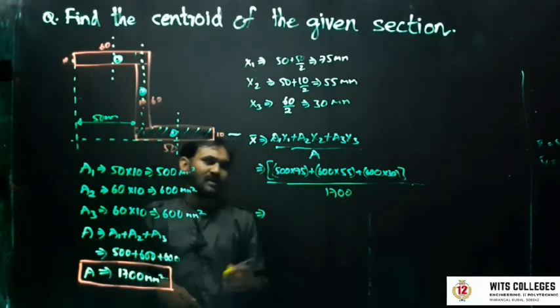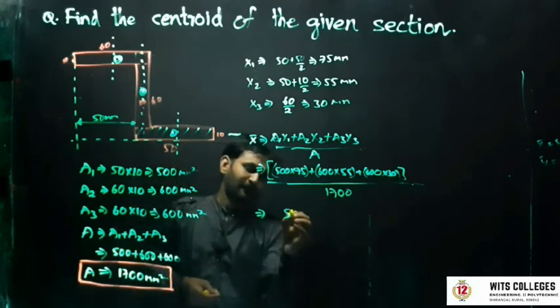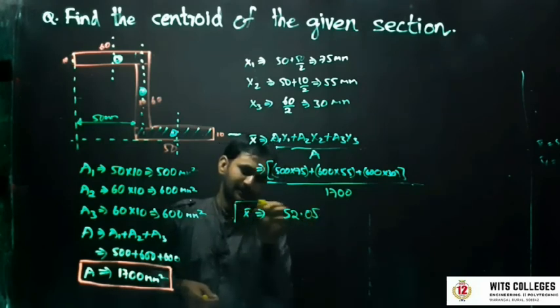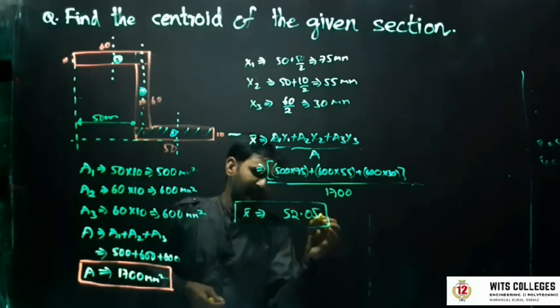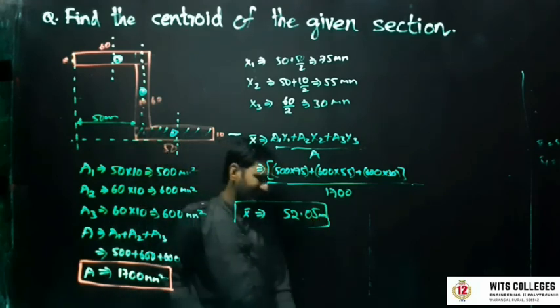So the x bar value will be 52.05 mm. So you got the value of x bar.